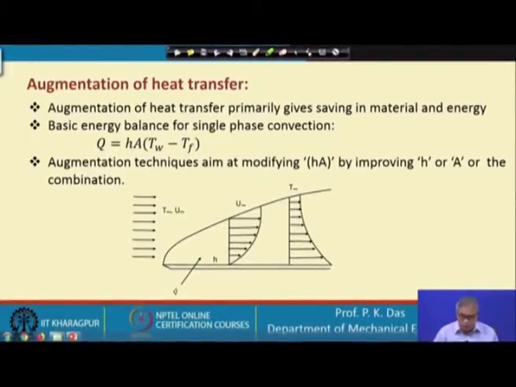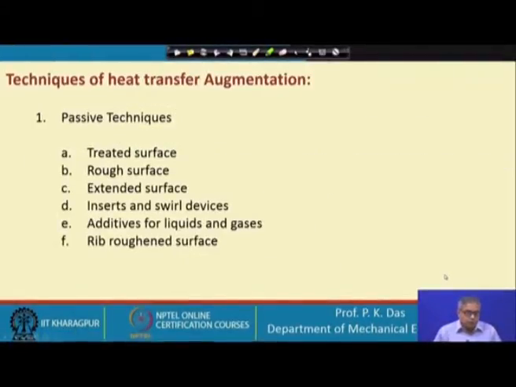If we go to the next slide, before that let me go back to our previous slide.